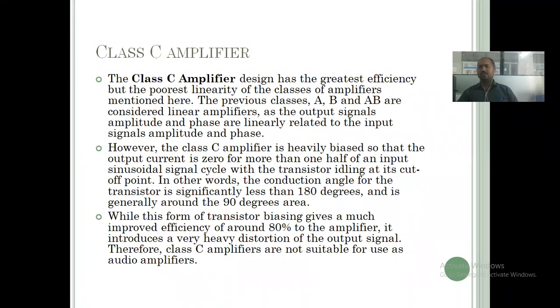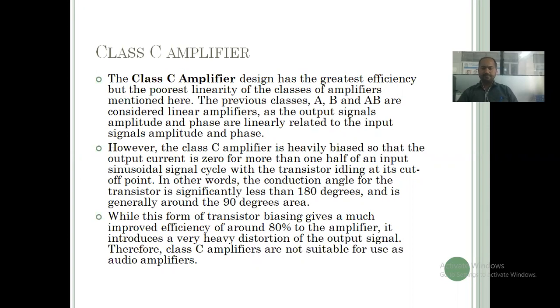In class C, with less than 180 degrees, only about 30% of the data arrives at your destination. This is not acceptable, so the class C configuration is not used at all.